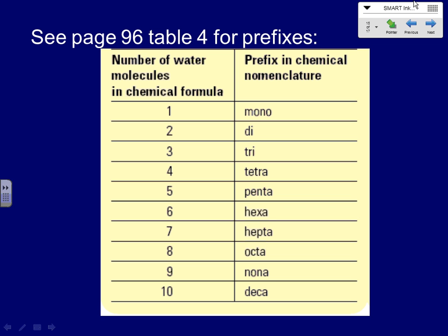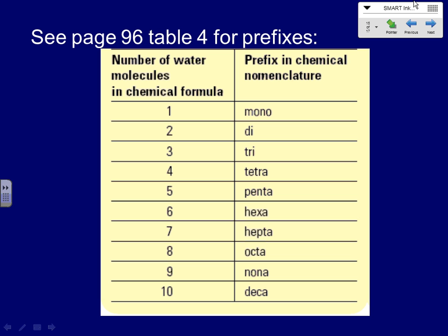Now, again, just see page 96 for table 4 for the prefixes. This is the type of thing you've already seen before, and I might even get you to write it down later. Right now, you can make reference to it. These are the prefixes that you use to describe a certain number of atoms or molecules, depending on what you're naming.